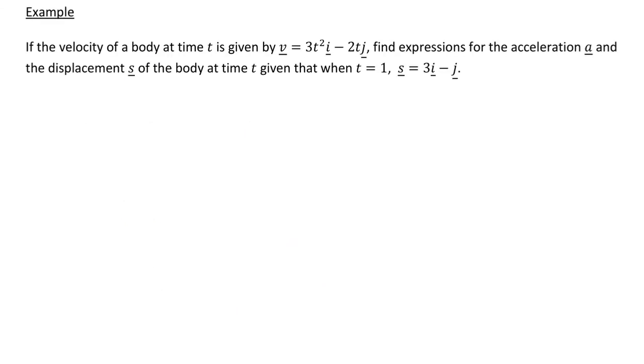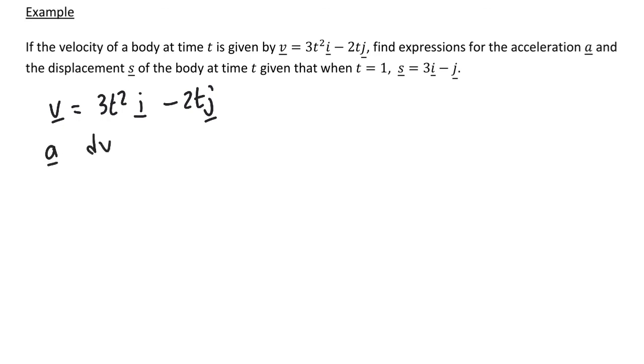And our last example then, if the velocity of a body at time t is given by v equals 3t squared i minus 2tj, find expressions for the acceleration and the displacement at time t, given that whenever t equals 1, s equals 3i minus j. So v, 3t squared i minus 2tj.